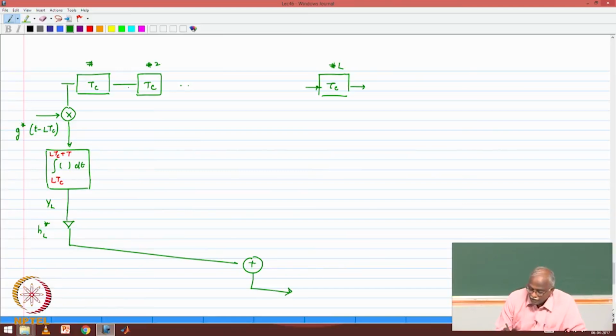Now the second branch, and basically the rest of it repeats, is the same waveform, G star of T minus LTc.